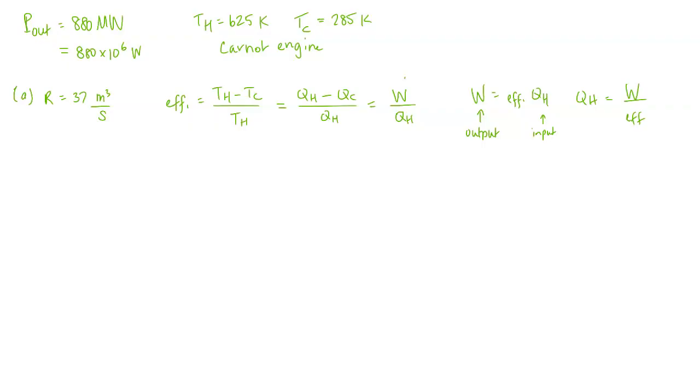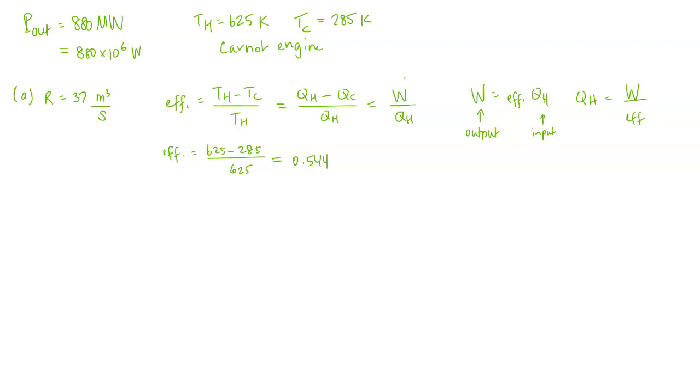So we can now use our temperatures to find our efficiency. T hot is 625 minus 285 for T cold, divided by 625, and I have an efficiency equal to 0.544.